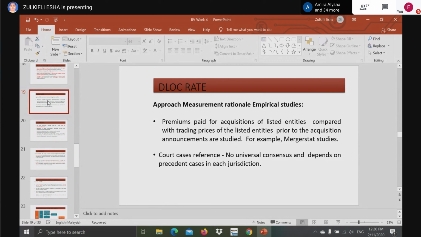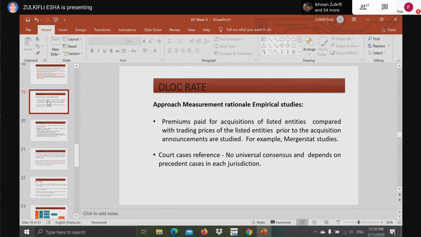The court cases references: no universal consensus and depends on precedent cases in each jurisdiction. So as far as court cases references, there is no universal consensus or mutual agreement on the use of court cases as a basis of determining the DLOC rate.